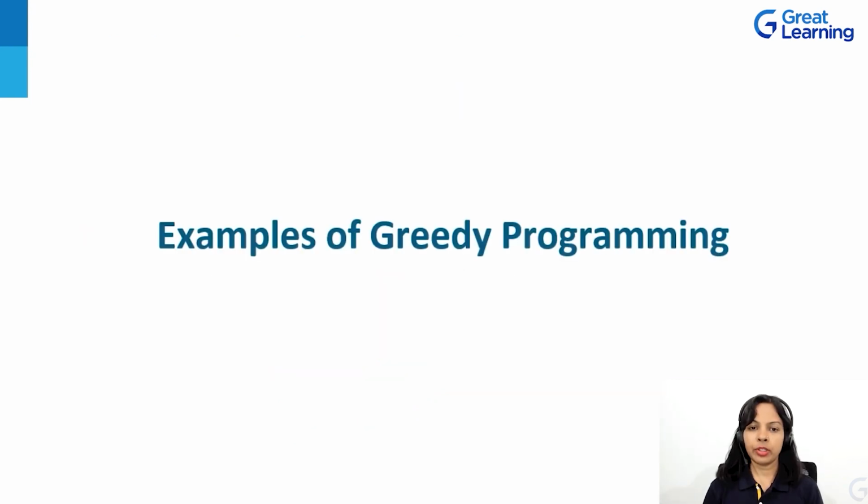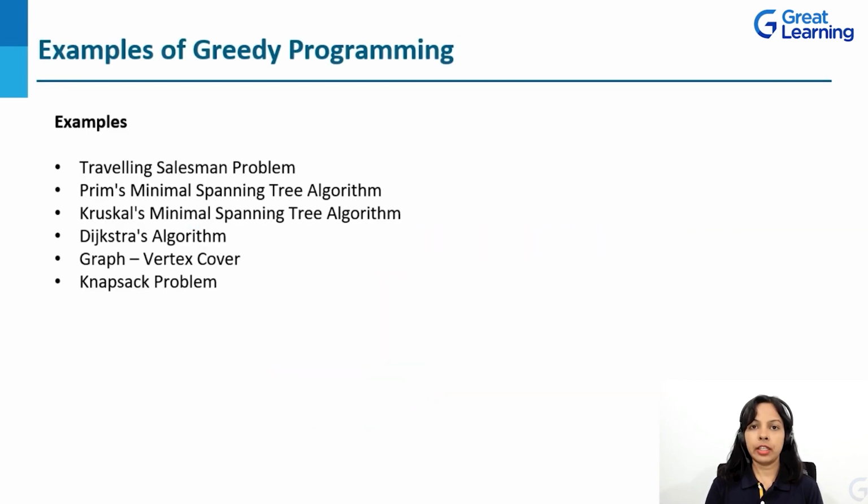Now let's talk about the different examples of greedy programming. There are various problems, computation statements, which are solved with the help of greedy programming. The examples here I have listed are few, there are many such. And any new problem can also be solved using greedy programming. The first example is the traveling salesman problem.